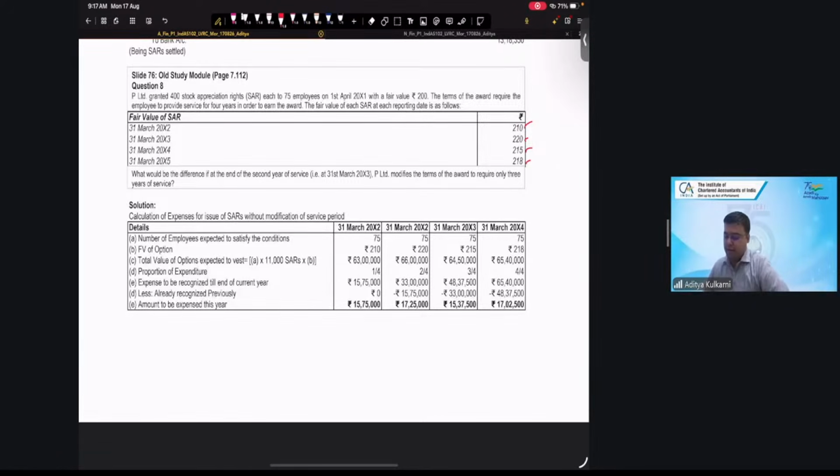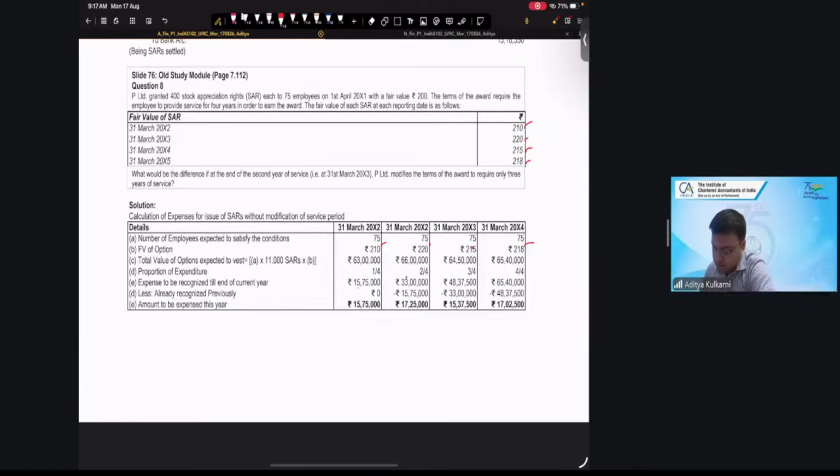So the first one we calculate without modifying the service period. 75 employees, fair values 210, 220, 215, 218. So the total value of options is there. Next, the proportion: since it is over 4 years, 1/4, 2/4, 3/4, and 4/4.